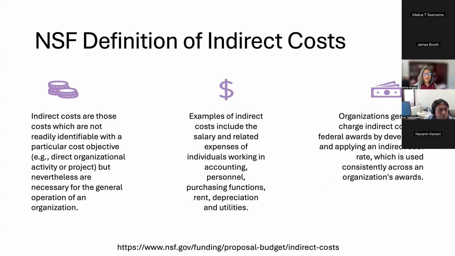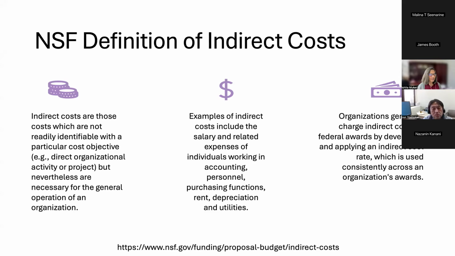Indirect costs are those costs which are not readily identifiable with a particular cost objective, such as a particular activity or project, but nevertheless are necessary for the general operation of an organization. Some examples of indirect costs include salaries and related expenses of individuals working in accounting, personnel, purchasing functions, rent, depreciation of buildings, and utilities.